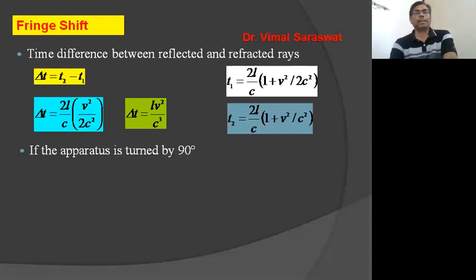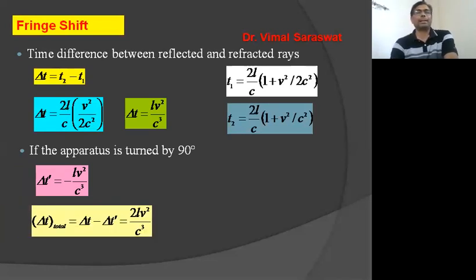Now if the apparatus is turned by 90 degrees, then the roles of reflected and refracted rays are interchanged. So the time difference will be ΔT' equal to minus Lv² upon c³. So total time difference is ΔT minus ΔT' equal to twice Lv² upon c³.